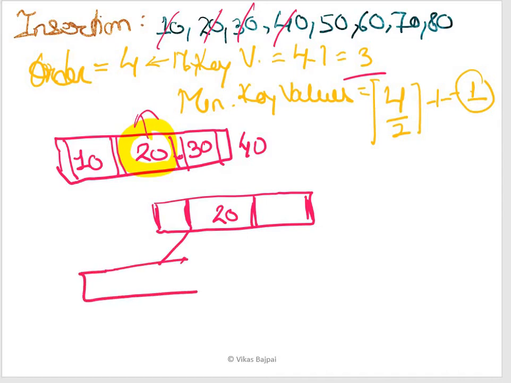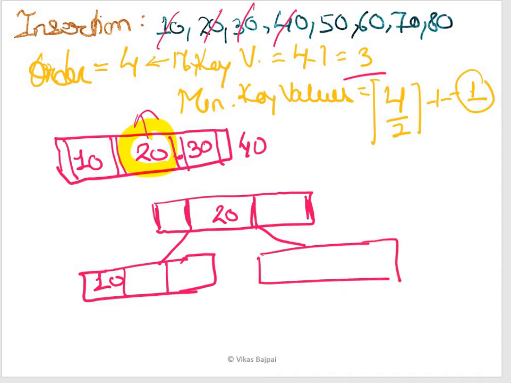We have 10 on the left, and on the right I'll have 30 and 40. So till now I've reached a position where I'm able to accommodate these values easily.